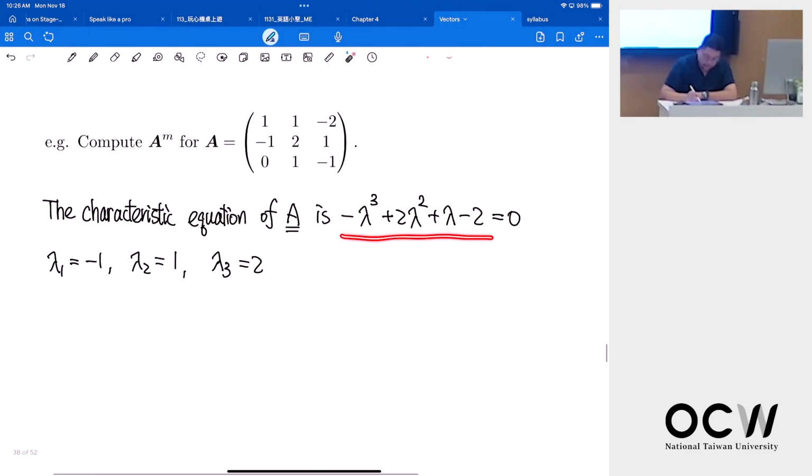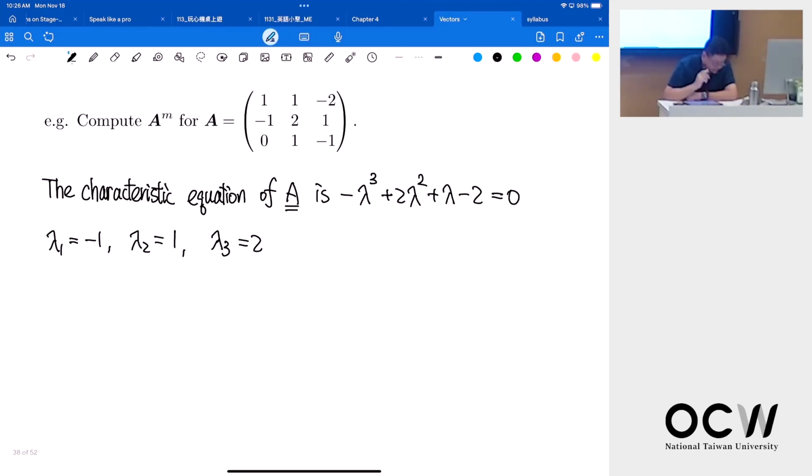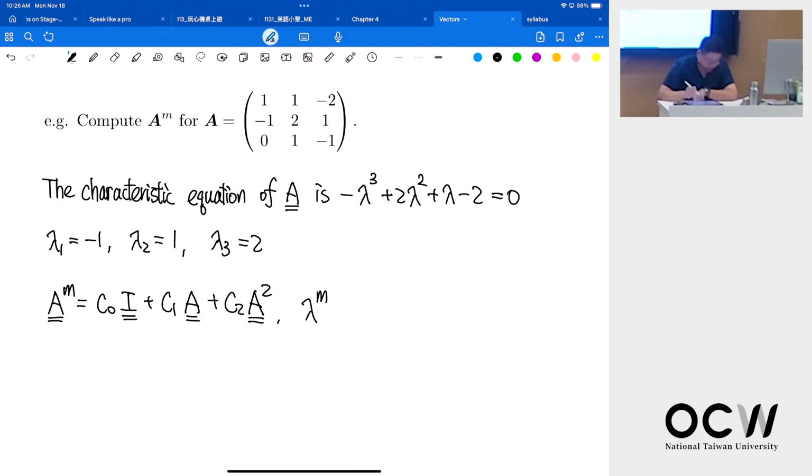Then, according to this equation, this matrix to the m will be C naught I plus C1 A plus C2 A squared. And lambda to the m will be C naught plus C1 lambda plus C2 lambda squared.